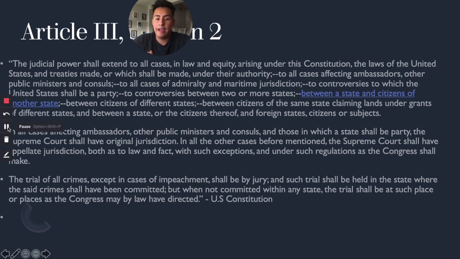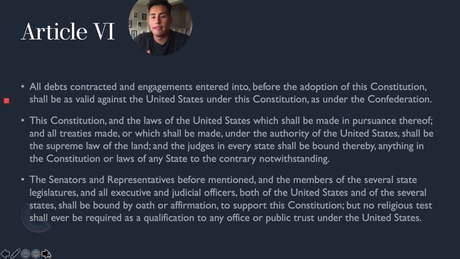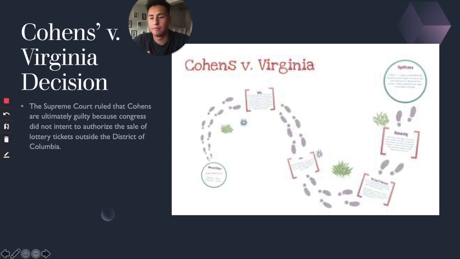They said that the Supreme Court has jurisdiction over all cases relating to law and equity. And also they highlighted Article 6, basically saying that the federal law is superior to the state law. And then ultimately, the Supreme Court found the Cohens guilty as well.